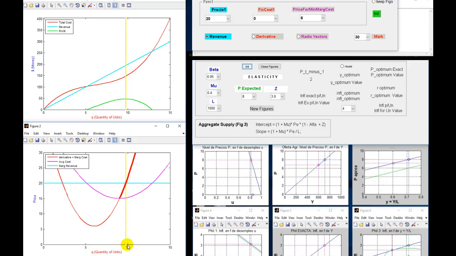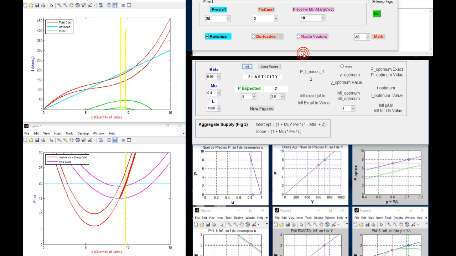However, if the cost increases, let's keep the previous figure to see the comparison. Then we increase the cost, let's say to 10. Before, here we had 6. This 6 is this value here, and then we pass it to 10, which is this value here.